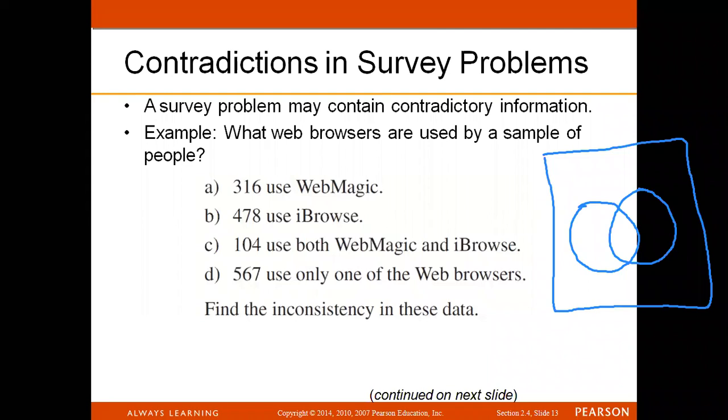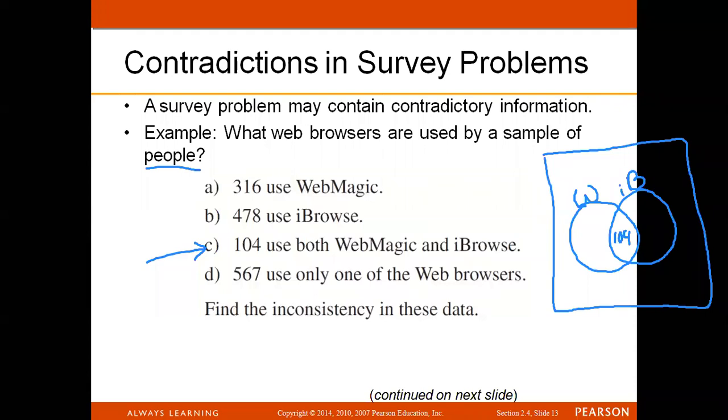We've got the WebMagic and the Eyebrows, right? And what else do we know? We have in clue C that 104 use both, right? So both is this section here. And we have 104 people. Okay. 104 people answered that they use both.